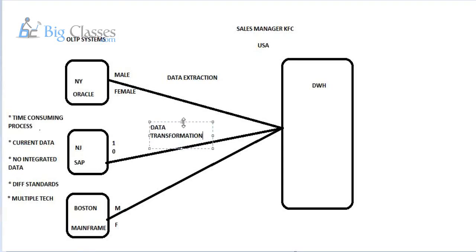And once the data is transformed into a homogeneous format, we load the data into the very big database called the data warehouse. This process is called data loading. So we extract, transform, and load the data into a very big database called a data warehouse.